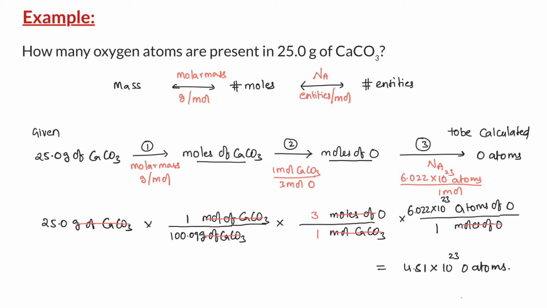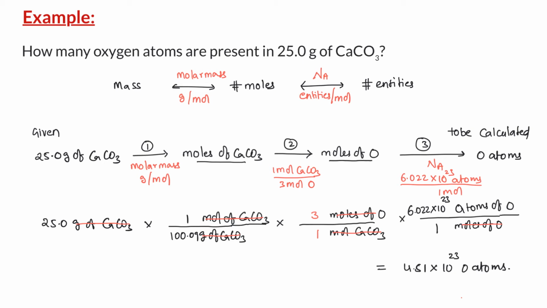In summary, you should be able to interconvert between the mass of a substance into moles of a substance by using the molar mass. And if we know the moles of the substance, you should be able to calculate the number of entities present in that substance by using the Avogadro's number.